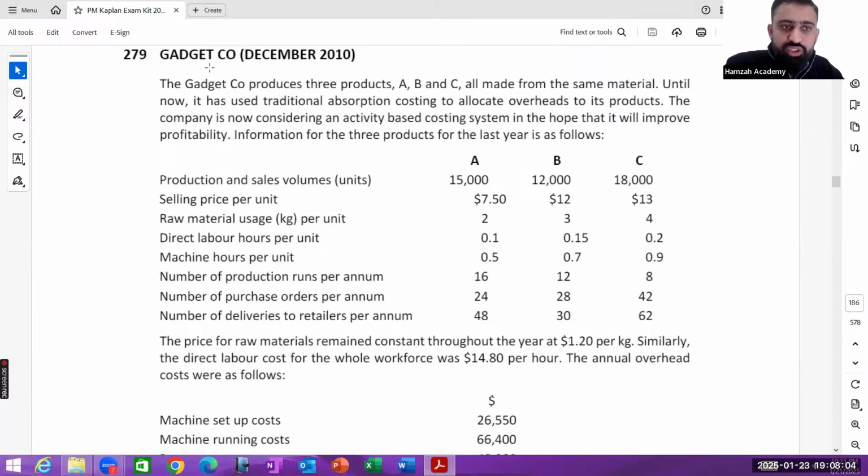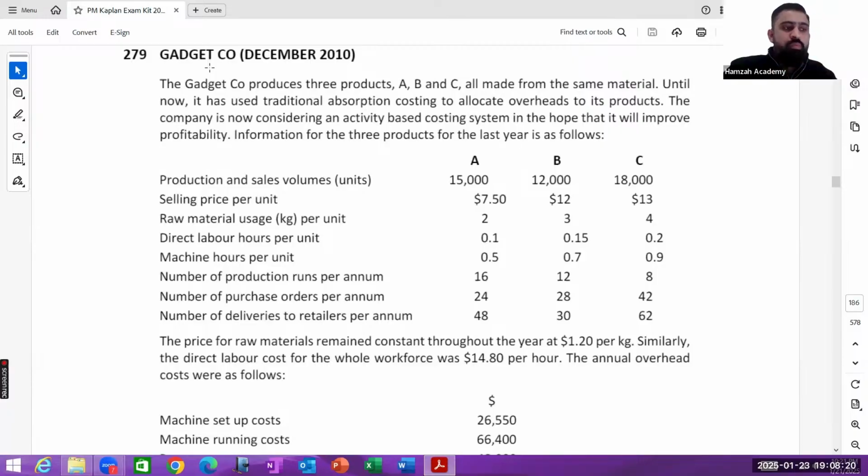But we're doing this long question so we can develop a better understanding of these topics, and it would be useful for Section A and Section B, where 40% can be tested from this area.